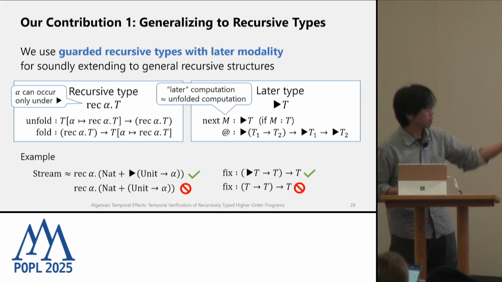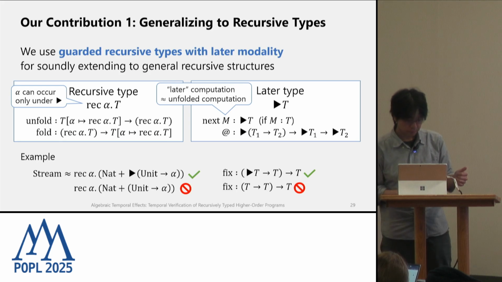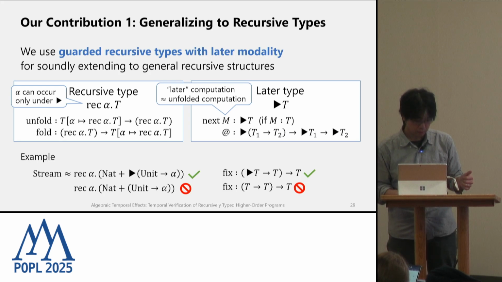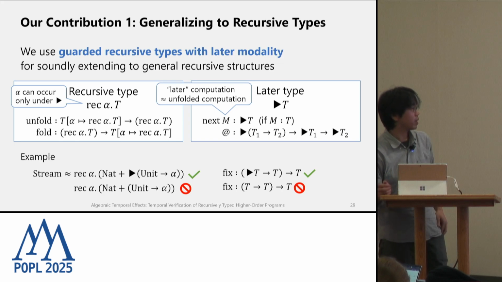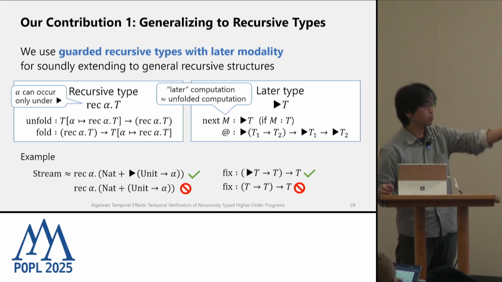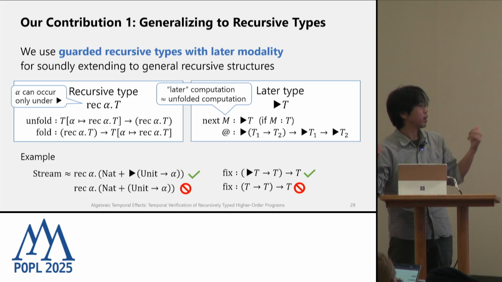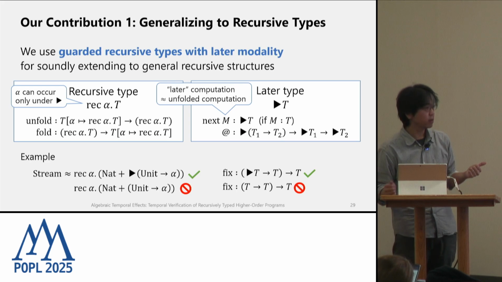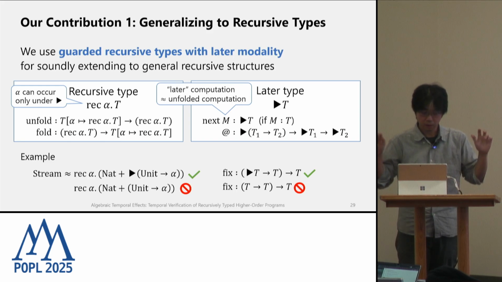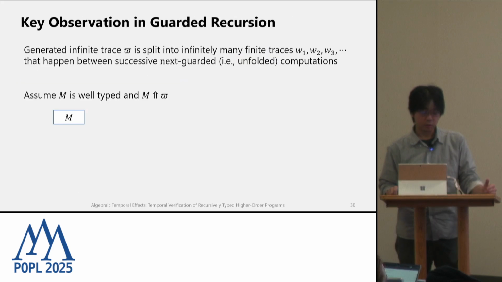So for example, stream-like types can be given, like the type above. But the type below is not a valid type because the occurrence of the type variable is not guarded here. And for the fixed point combinator, the recursive call argument should be guarded because it corresponds to a later or unfolded computation in the context of guarded recursive types.